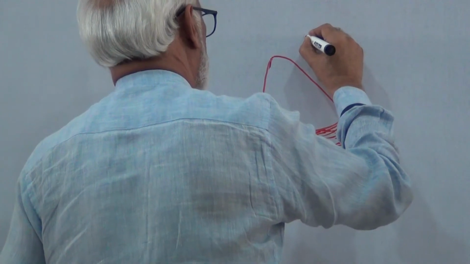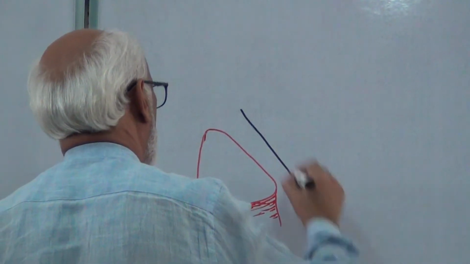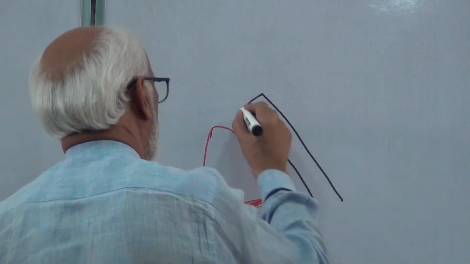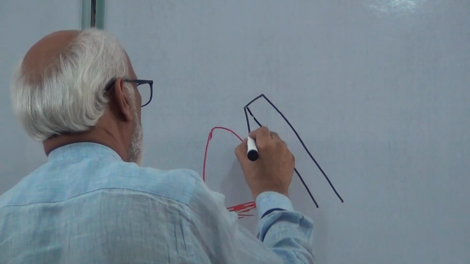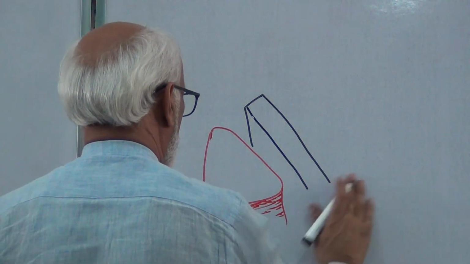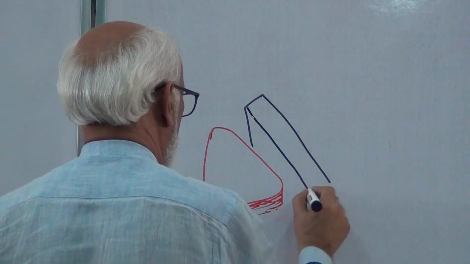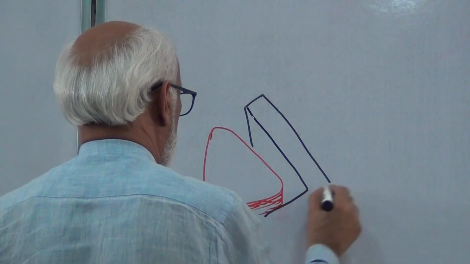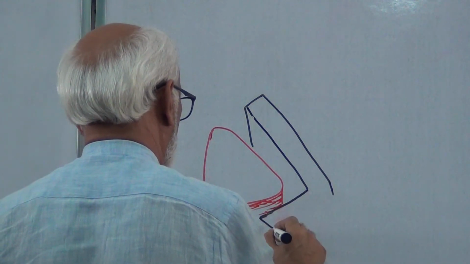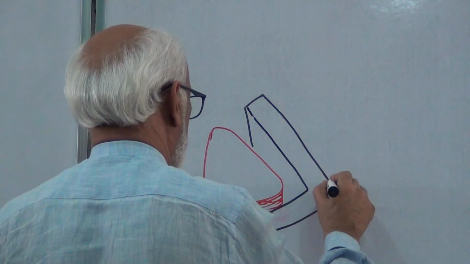Then internal capsule, anterior limb, then genu and posterior limb.